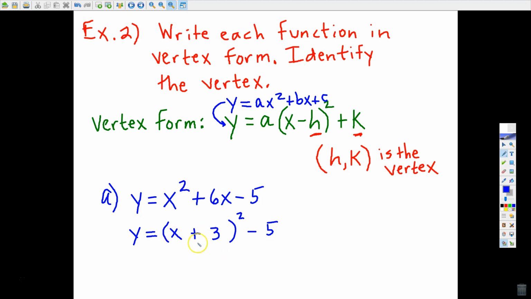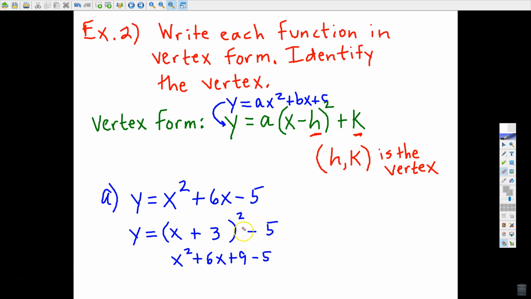When I do this quantity squared, I get x squared plus 6x plus 9 minus 5. Well, obviously what I've done here after I multiplied this out is it's not equivalent.